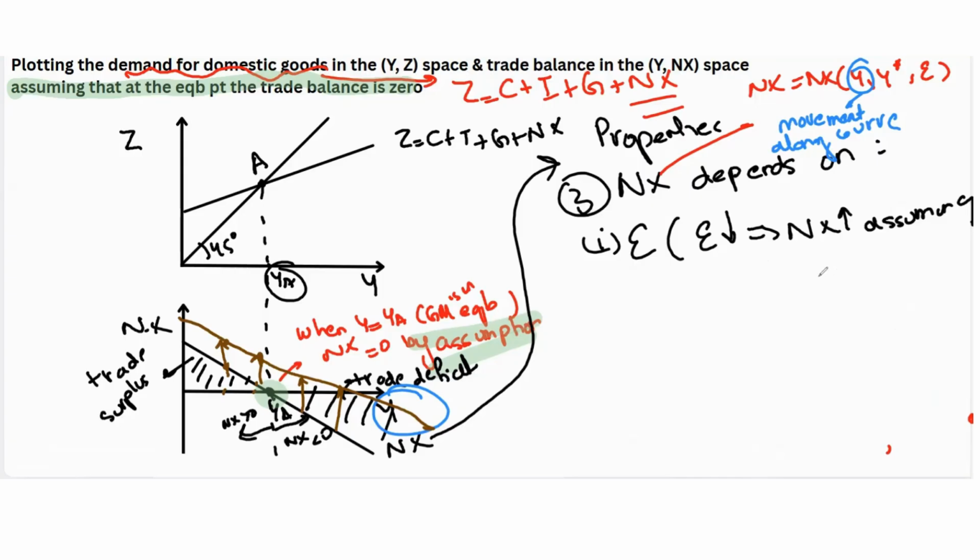The real exchange rate has an ambiguous effect on net exports, but assuming the Marshall-Lerner condition, a decrease in the real exchange rate causes net exports to increase. The keyword here is assuming the Marshall-Lerner condition, because otherwise there's an ambiguous effect.